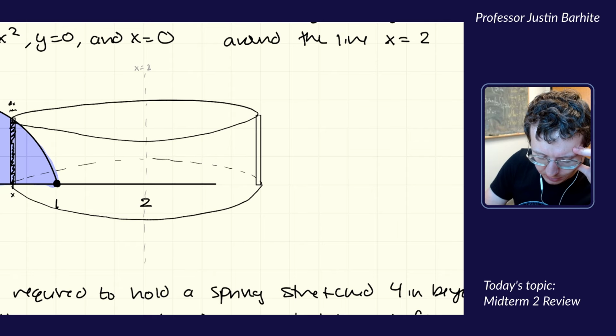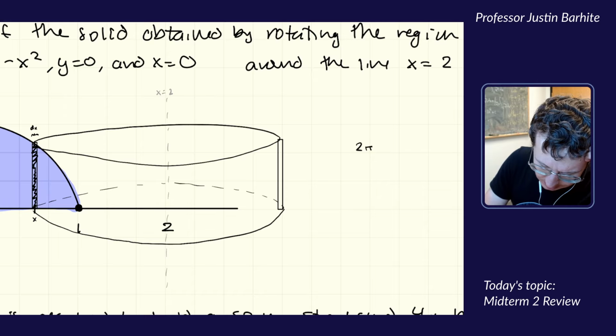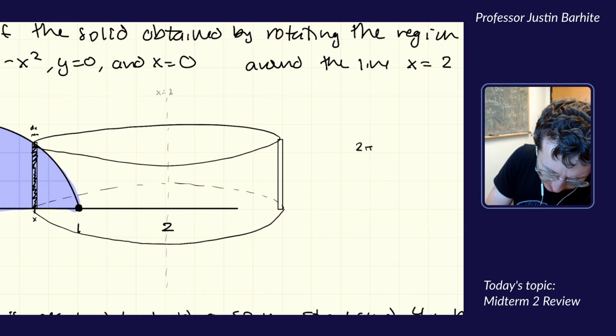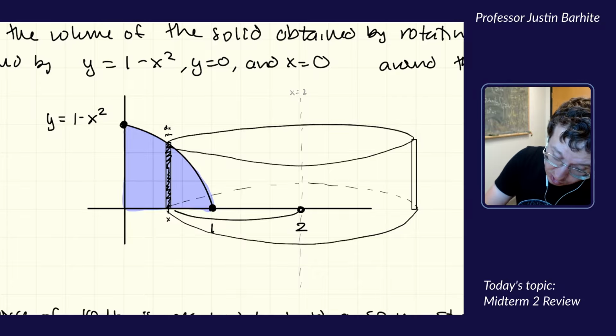The circumference is 2 pi times the radius. What's the radius? Well, it's the distance from x equals 2 out to whatever this x value is. So it's going to be 2 minus x.